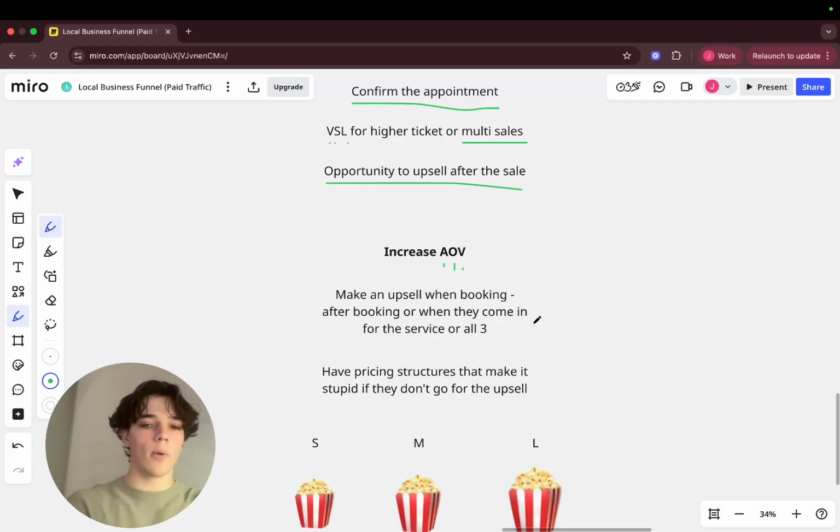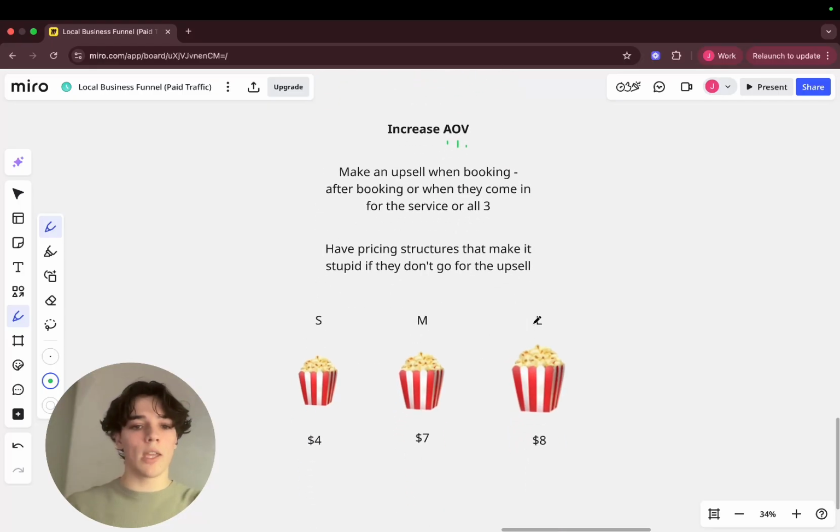So they're going onto your page. They're going into the cart. They're about to check out. Hit them with an upsell there. They check out. They've paid. They've booked in. Hit them with an upsell there. Whether they're actually paying for it there or just opting in for it, which is a very good trick that you could try.